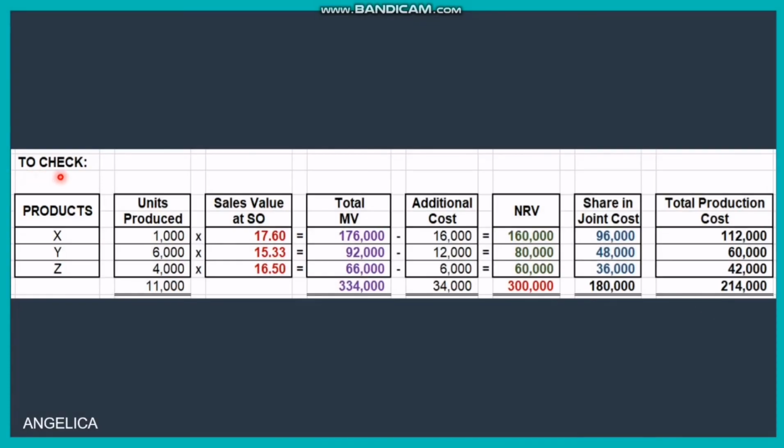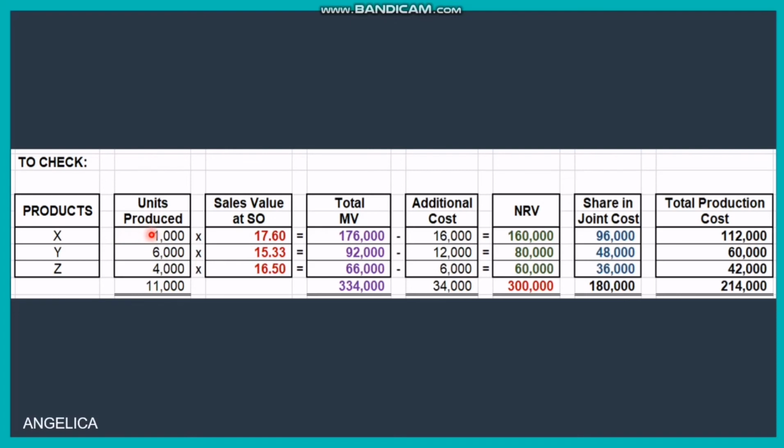To check, of course, if what we have computed is correct, we will now follow the step-by-step from the very beginning of the net realizable value method. We multiply the units produced of each of the three products by the sales value that we have computed during the whole process.